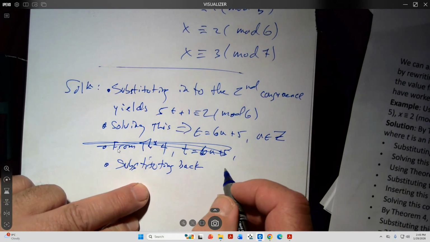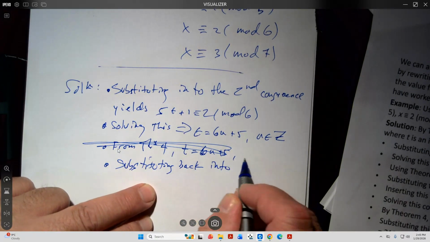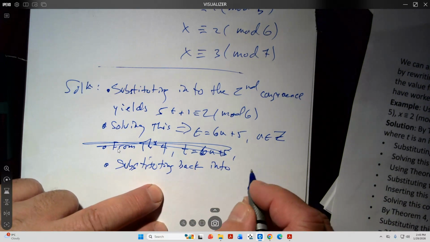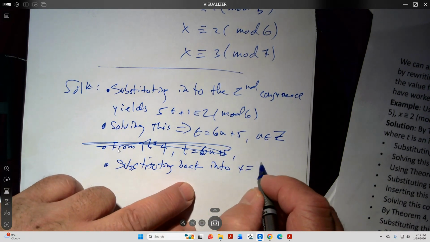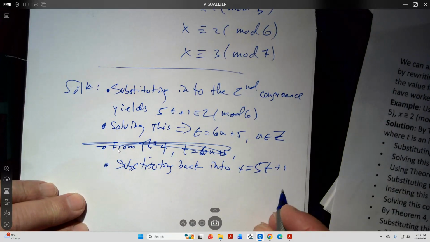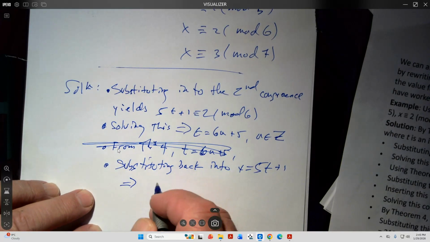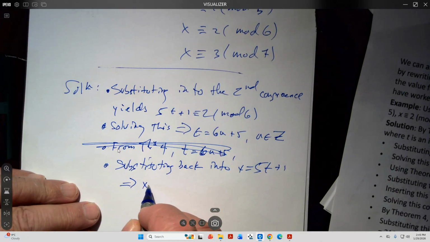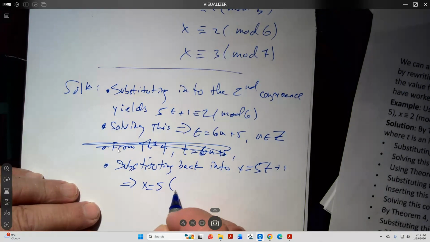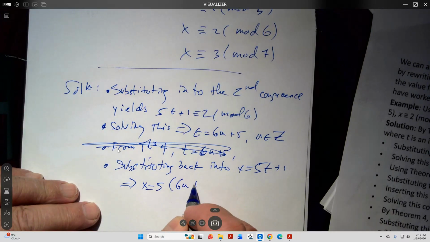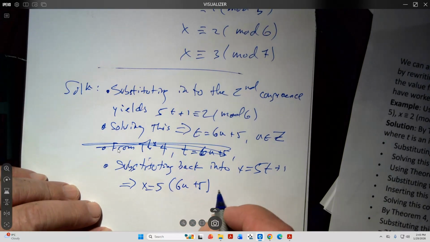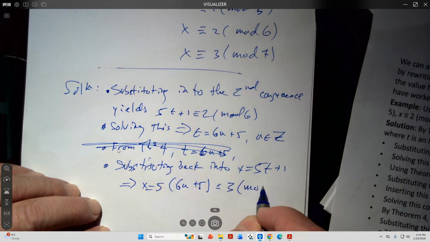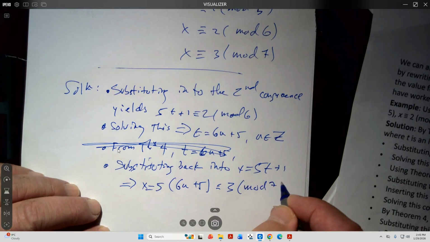Substituting back into x equals 5t plus 1 yields x equals 5 times (6u plus 5) plus 1, which is congruent to 3 mod 7.